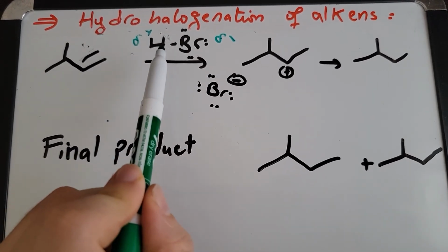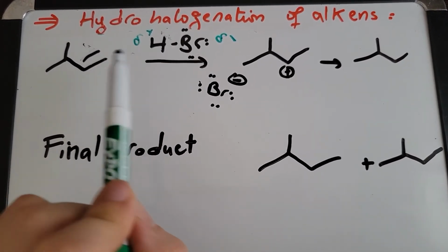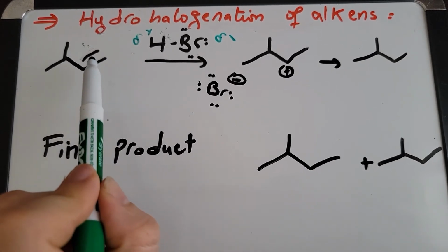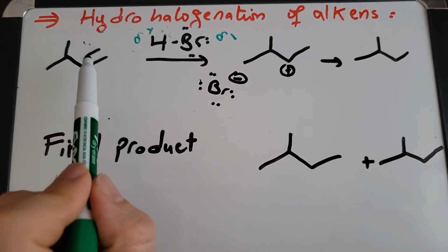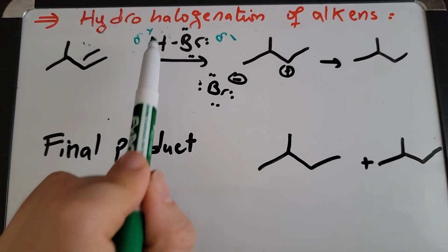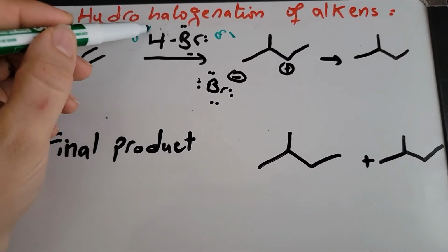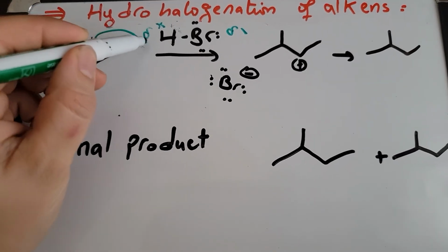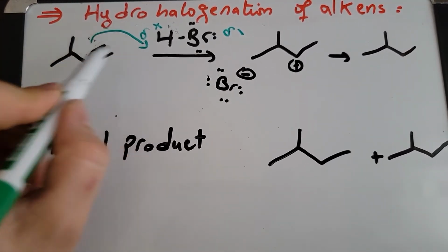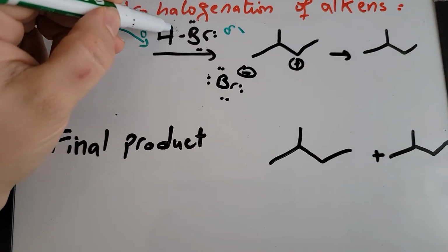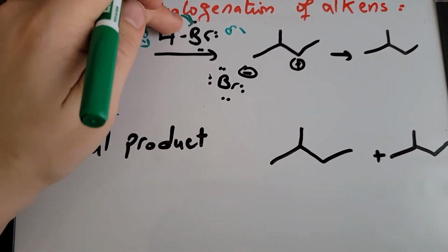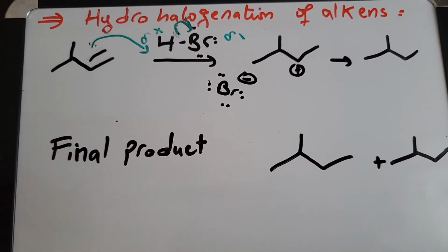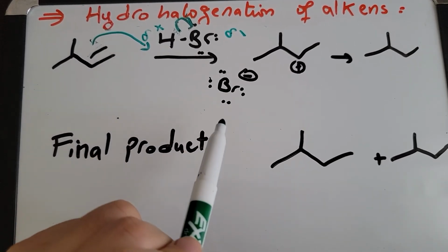So the hydrogen will be attracted by the nucleophile here, which is the double bond. It attracts the closest positive charge, which is the hydrogen here. And this is the first step: the hydrogen is attacked by the nucleophile and the bromine atom will just leave.